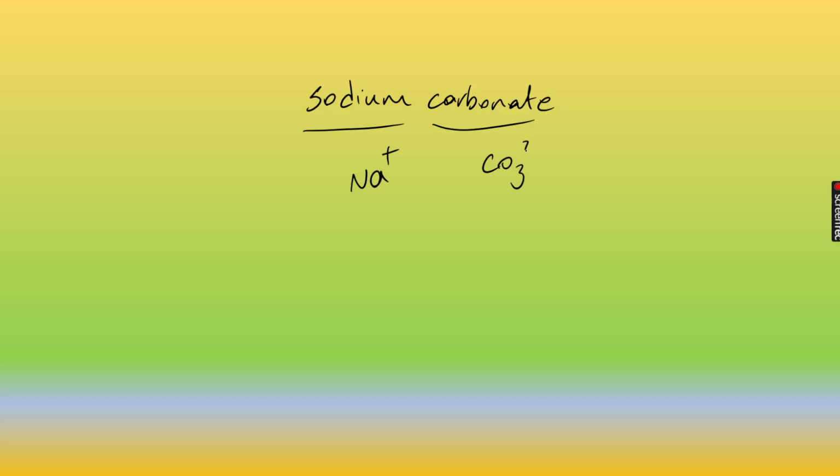For example, I want to write the formula of sodium carbonate. Sodium is Na with the valency plus 1. Carbonate should be CO3 with a 2 minus charge. And we have to create a neutral compound.